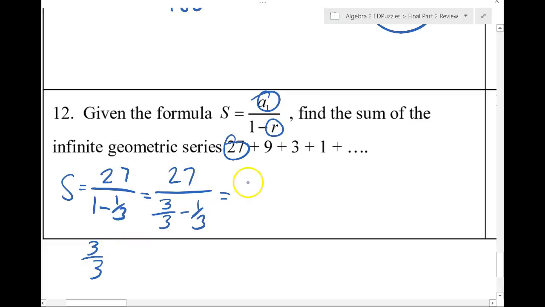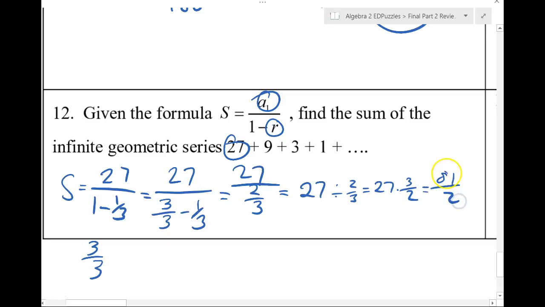Now 3 minus 1 is 2, so now 2/3. In order to divide, this is the same thing as 27 divided by 2 over 3. And remember, when you divide a fraction, you flip it. So now this is 27, and then change it to multiplication. So now this is 27 times 3 over 2. And so then 27 times 3, that's 81 over 2. Okay, and that's the sum.